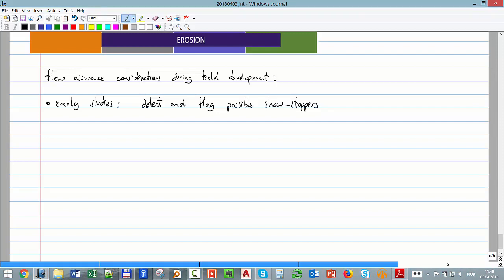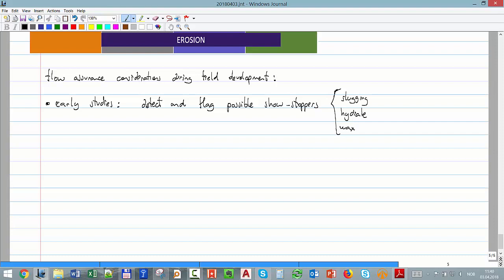Something that, if I use that particular development concept, for sure I will have a problem. And these typically are the big guys that I have limited ways to deal with. That's slugging, that's hydrate, and that's usually wax. Usually look at these three.